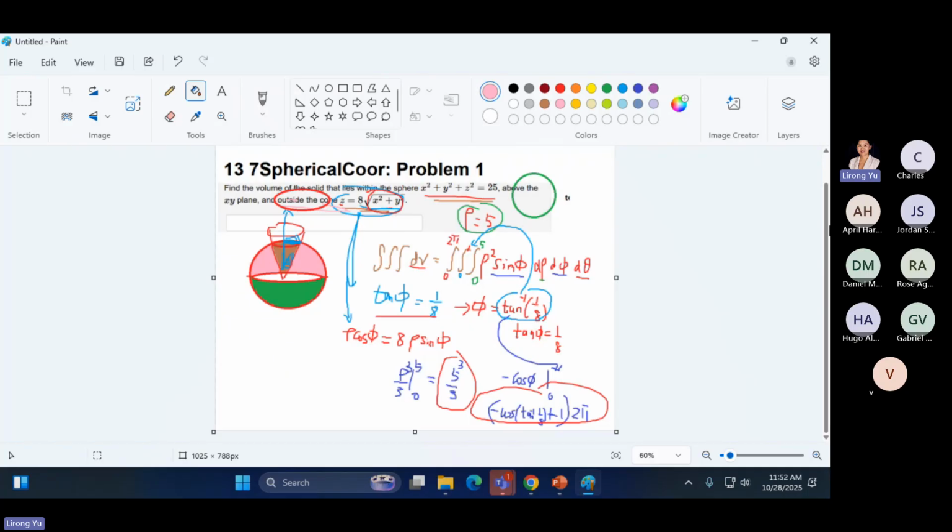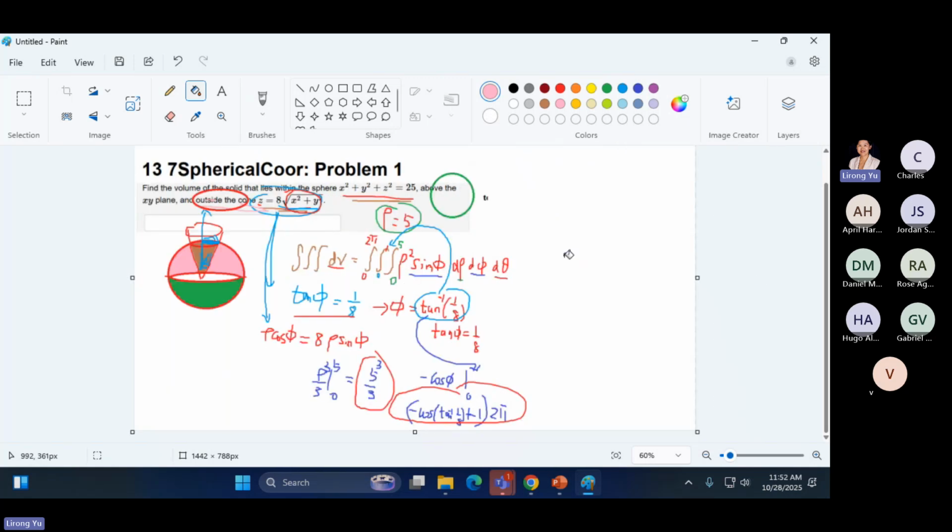Yeah, so we're calculating outside the cone, above the xy plane. That's the part. So we take half of the sphere minus the volume that I calculated within the cone. Another way is actually to find the appropriate integration boundary. So what should we fix?